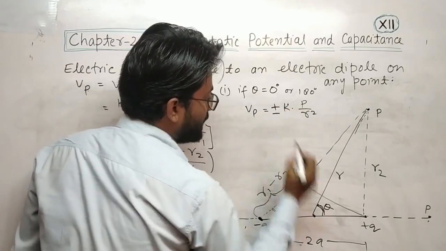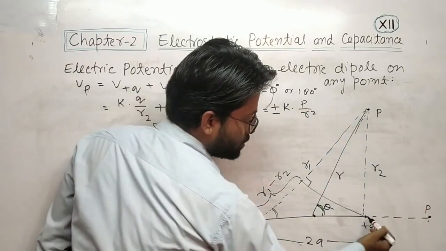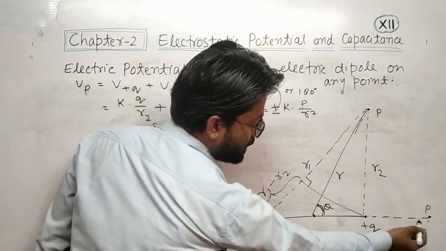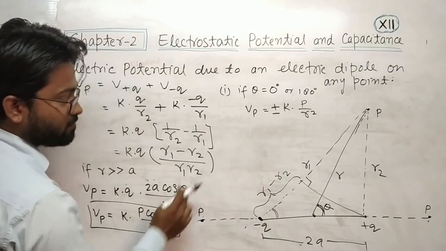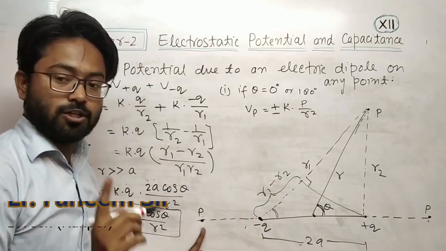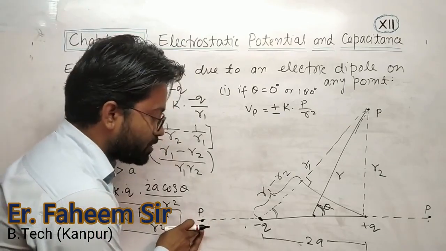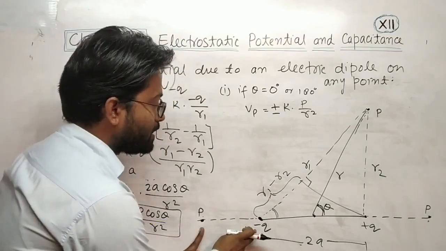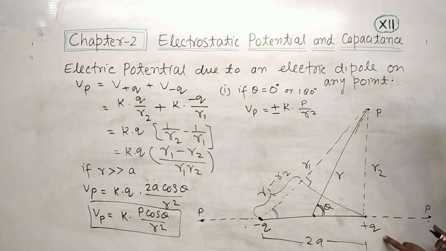First time it will be plus and second time it will be minus. If P is toward the positive charge, it is positive, and if the point is toward the negative charge, it is negative, because the potential at that point will be more due to the negative charge, and at the other point the potential will be more due to the positive charge, so it will be positive.